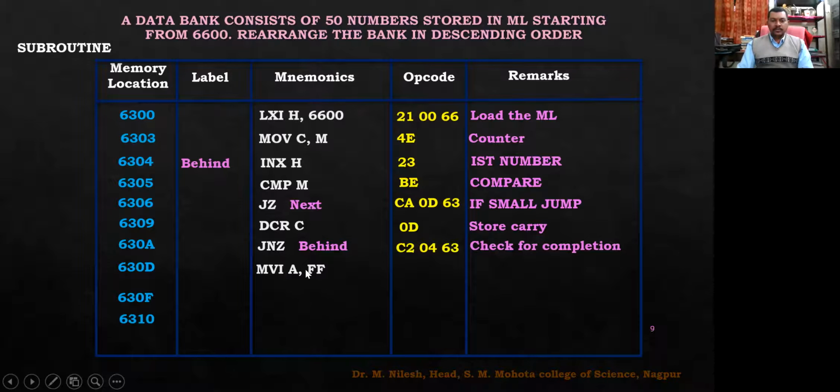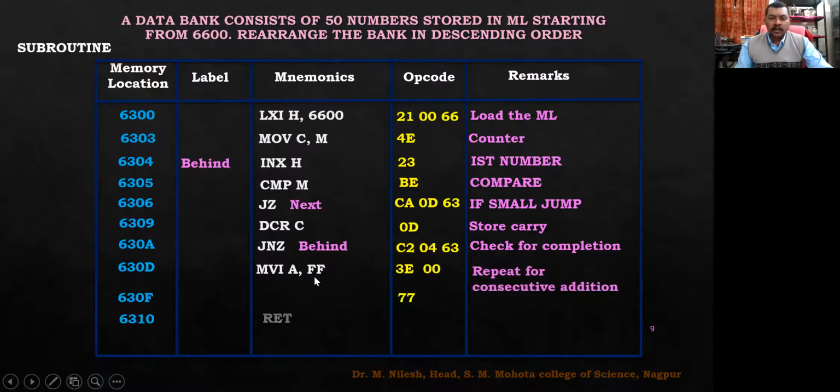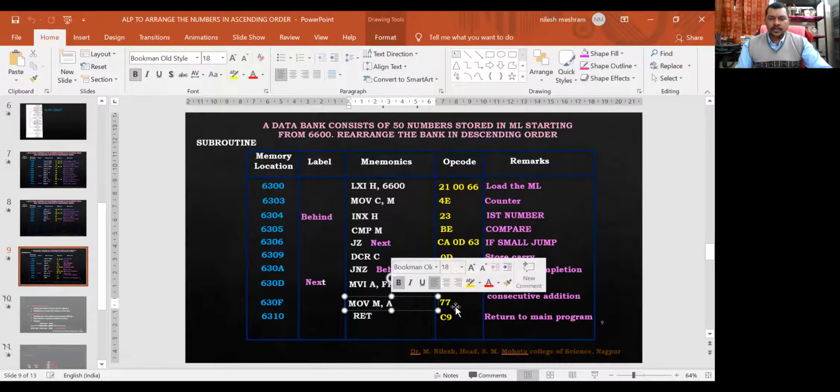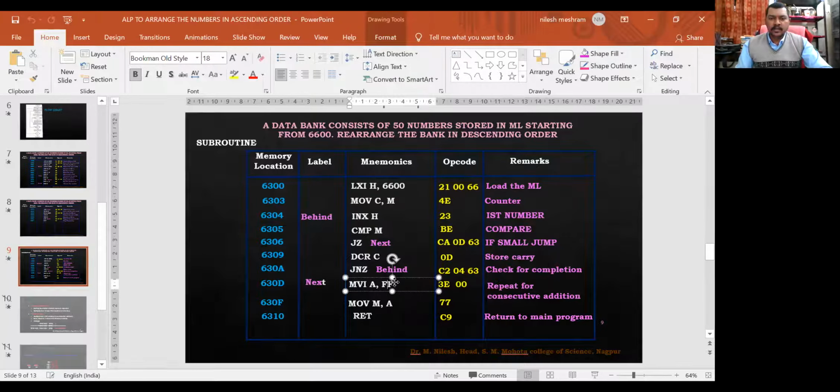MVI A FF, so FF is moved over here, and then 3E 00, yes, this must be 00, and the last will be return. This is not an instruction which is being used over here. I will just check that. Yeah, this is 77. So this is for that, and this should be okay. So this should be 00.